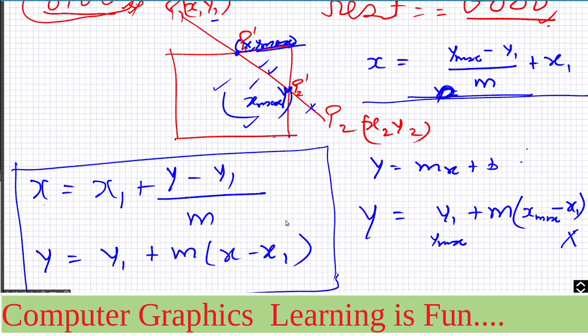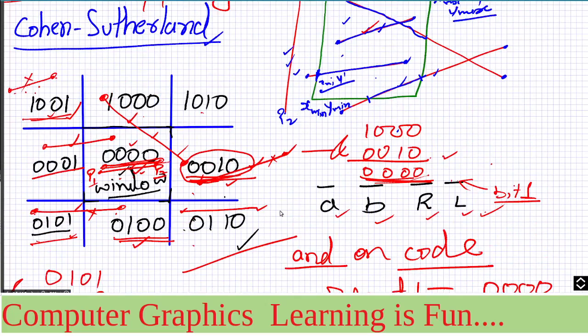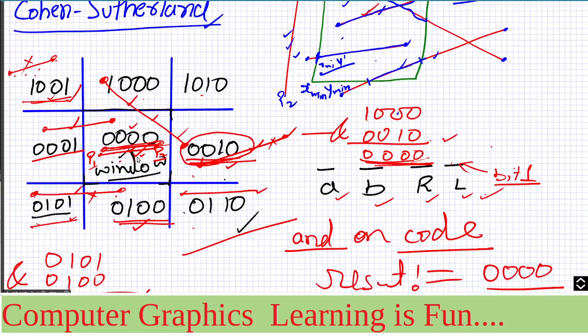So now let me repeat again what you actually did. You have coded all the portions around the window, and you have rejected those lines which are totally outside. First of all, those lines whose endpoints had the same code were totally out, so you rejected them. And those lines whose endpoints were inside the window, you accepted them and need not process.